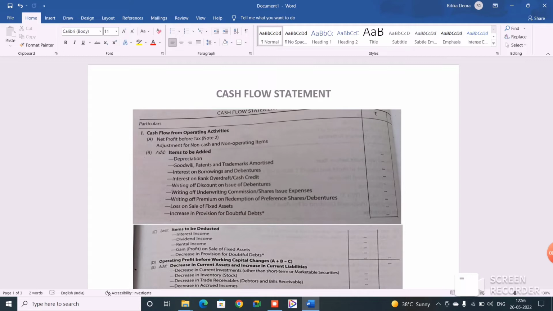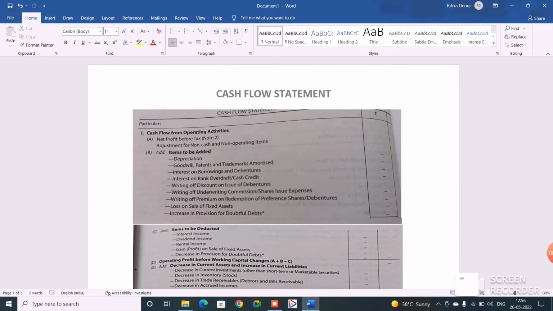Now, why do we add provision for tax made during the year? We add it because it is a non-cash expense, right? We are preparing a cash flow statement, so you also need to do away with the effect of non-cash items. Now, what are provisions?